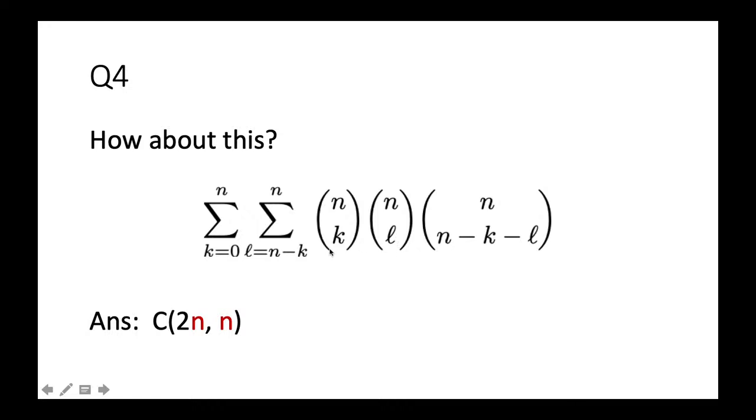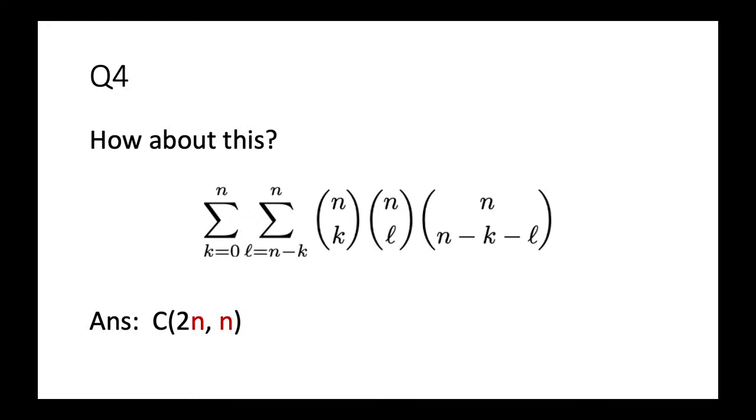But how about the next term? Let's say k is equal to 1, but L this time is not just n minus 1. When L is equal to n, then what will happen? Then this part, n minus k minus L, will be a negative integer. We have not defined what is meant by n choose a negative integer, but in the literature, in somewhere else, it is common, and it also makes sense, to say that this is equal to 0.